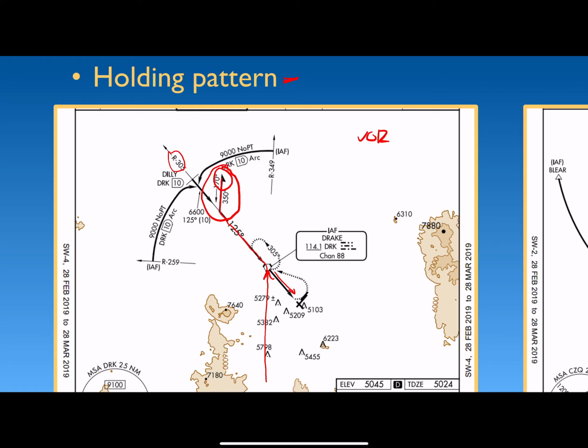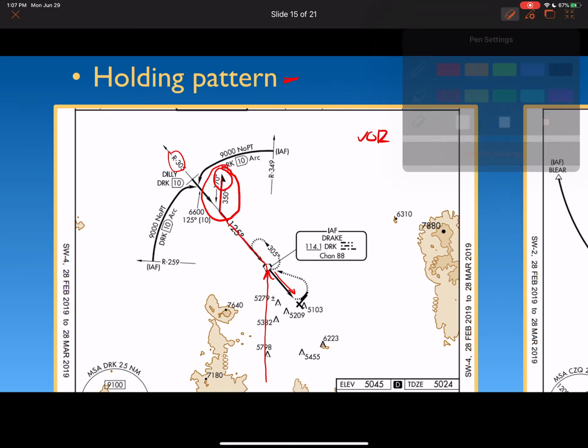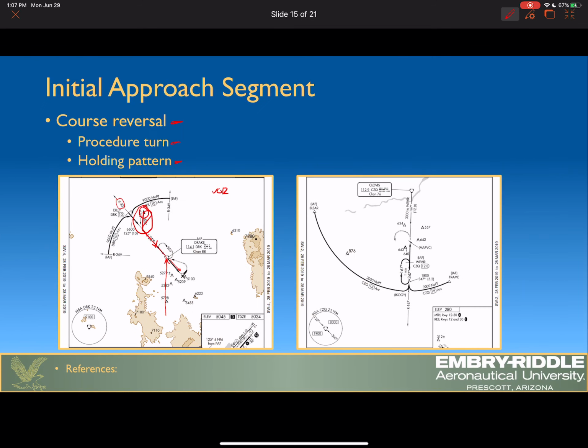You always turn in the direction of the barb. So let me erase some of this so we can kind of get it clear again. Why is it not erasing? I don't know. But anyway, you would turn to the right, come inbound, intercept the 125, and then continue the approach. So that is a procedure turn.